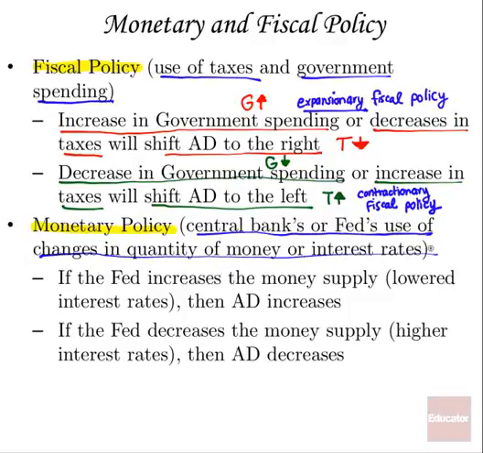For all intents and purposes, when I say the Fed, I'm referring to the central bank. We're primarily talking about the American economy, but just like the central bank in England is the Bank of England, it could be another country. In the United States, it's the Federal Reserve that controls monetary policy.